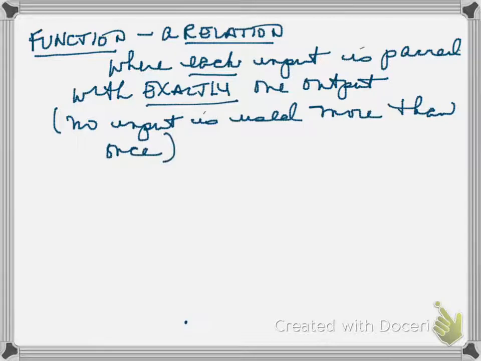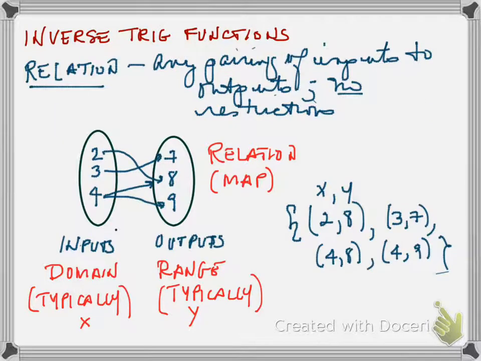When you want to try and decide if what you have in front of you is a relation, or more specifically a function, you really focus on what's going on with the inputs. Going back to my first example, if you look at the relation that I drew and you pay attention to the inputs, so I'll look at my ordered pairs over here, I have a 2, a 3, a 4, and a 4.